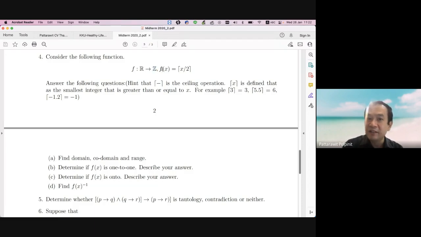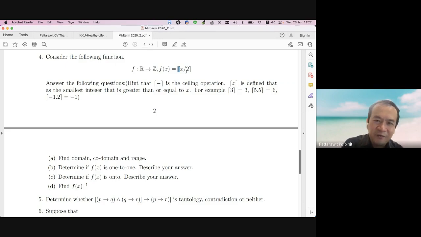So this function is f of x, okay, equal to, this is a symbol called ceiling. So f of x equals ceiling of x divided by 2.